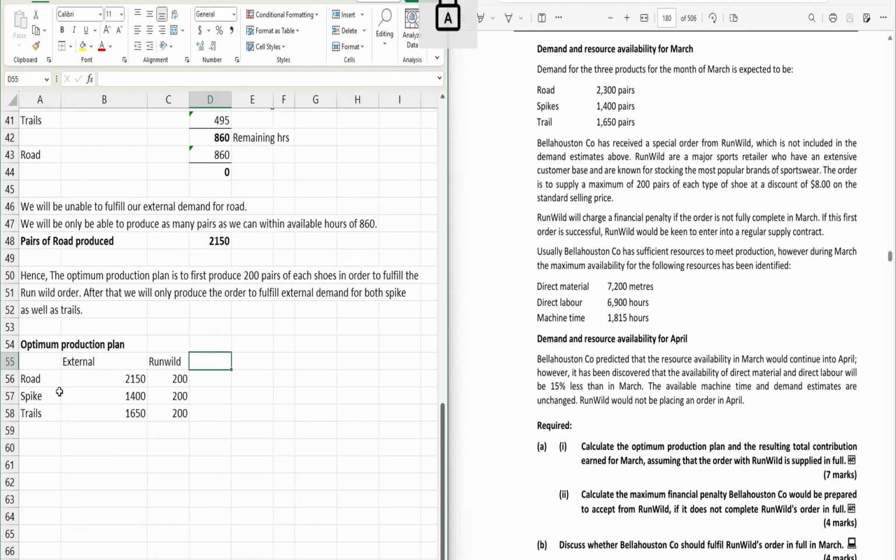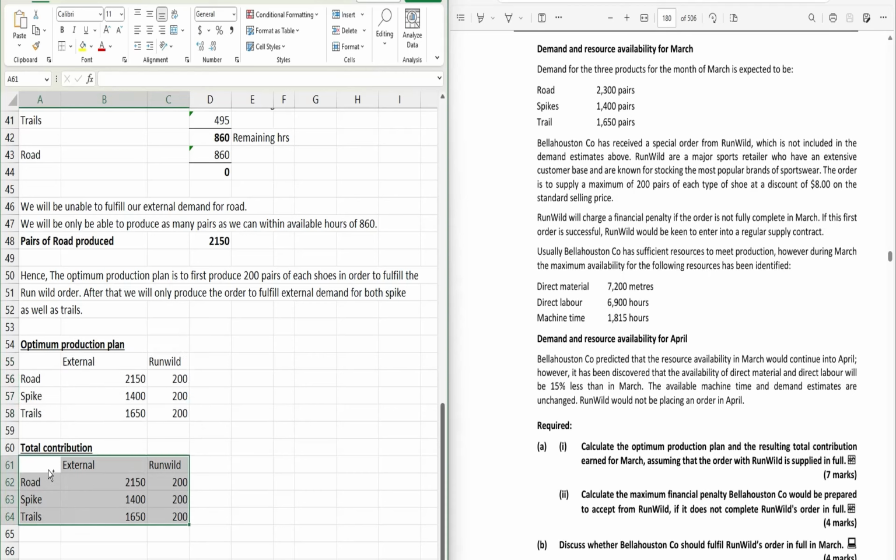So the total contribution we have earned from this production plan is, so we will again copy paste it here. As you know, there has been a separate contribution earned for the Run Wild and external, and we have already calculated it. So we simply need to multiply. We can go above.